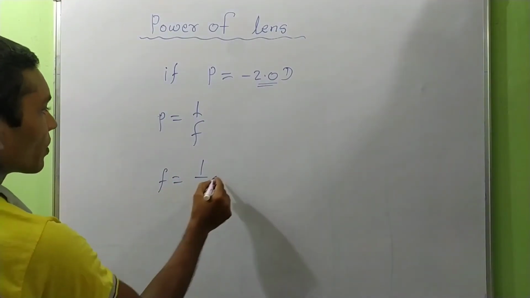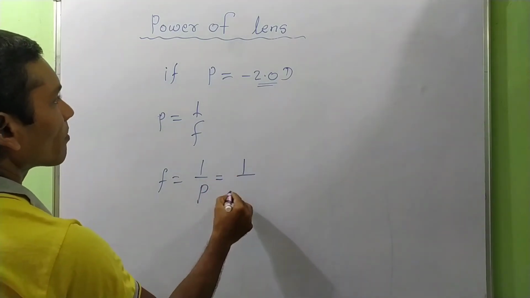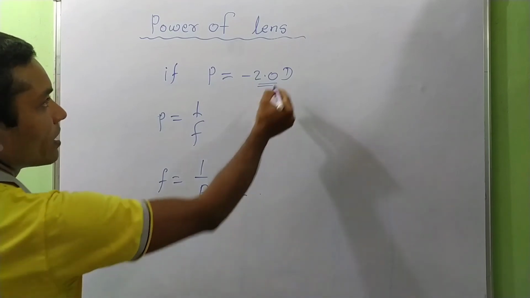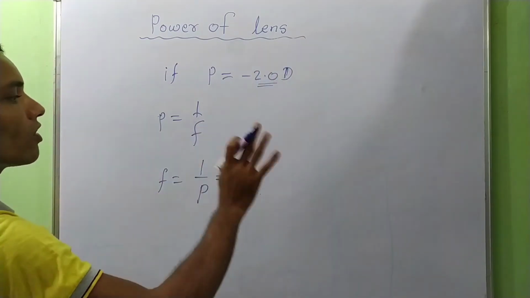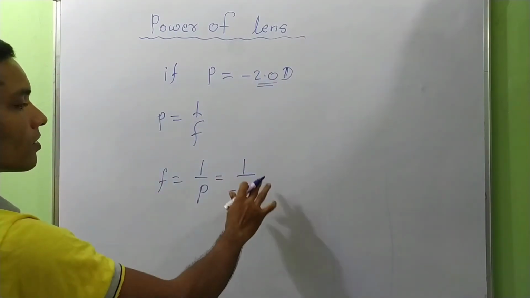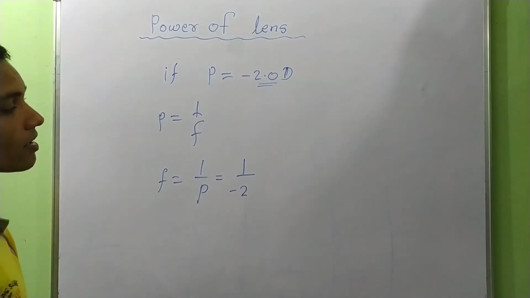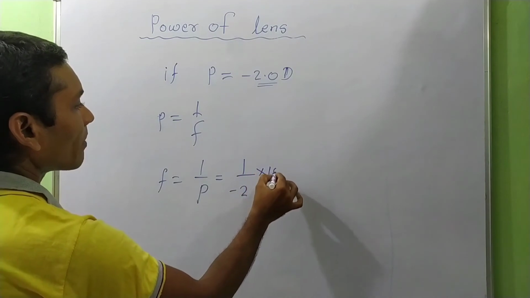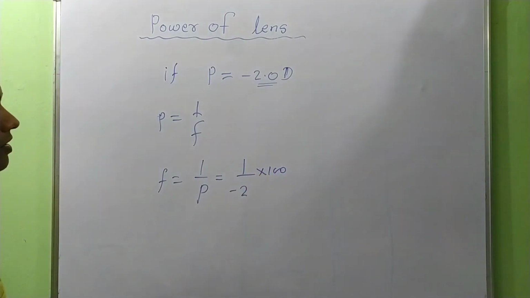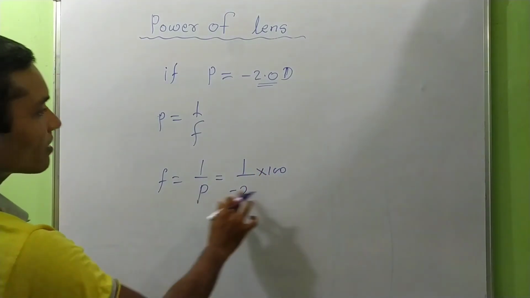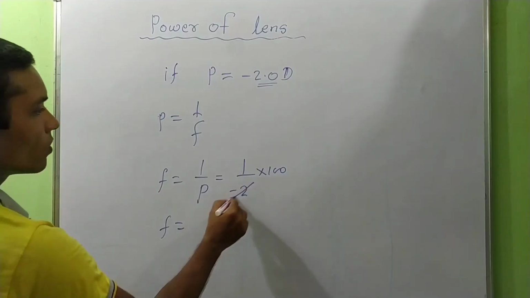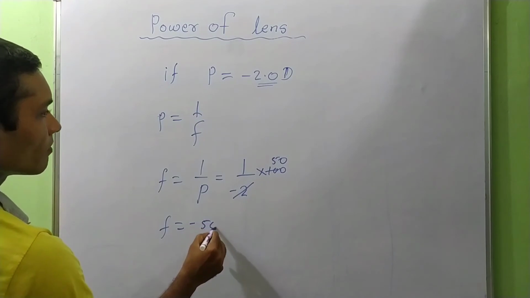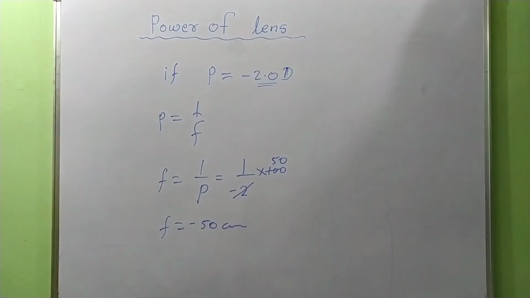So on putting the value, 1 upon minus 2 in meter, because here D is there. D means diopter. For change in centimeter, we have to multiply here by 100. Now this will be in centimeter: minus 50 centimeter.